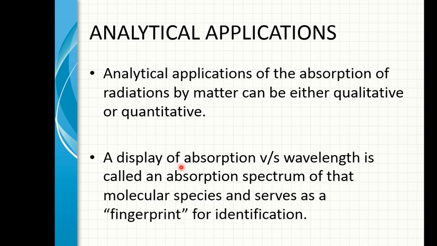Here this is absorption and this is wavelength. We can use this absorption spectrum like a fingerprint for identification of the sample, and it can also be used for quantitation of the sample.